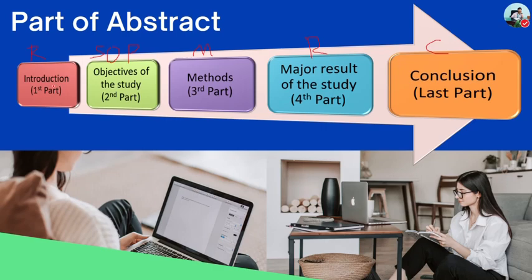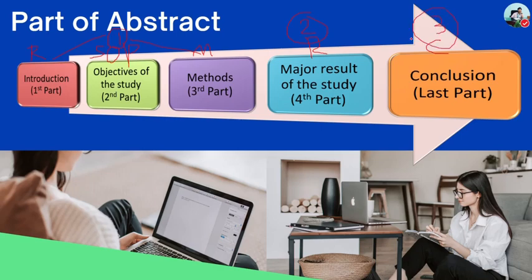The introduction, the objectives of the study, and the methods can be found in chapter 1. Okay, and the major results of the study can be found in chapter 2, and the conclusion can be found in chapter 3.